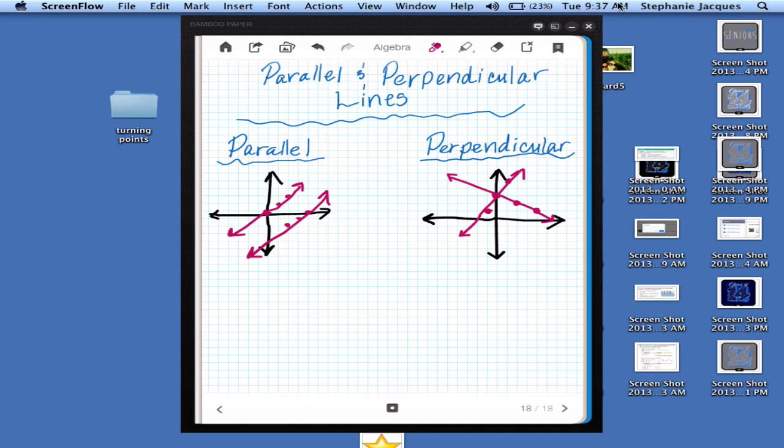So parallel means that there's two lines and they're never touching. So two lines that never touch. So you want to write two lines that never intersect or touch.